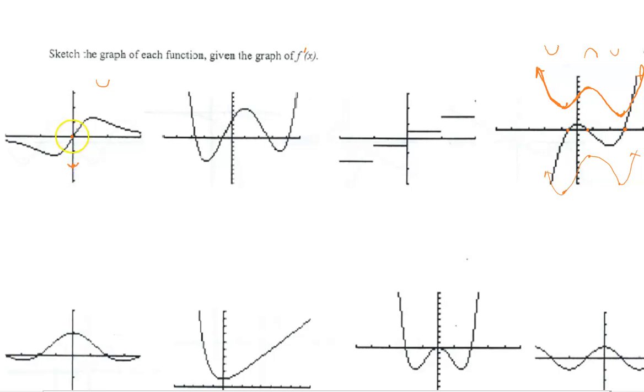Now, to the left of x equals 0, f prime is negative, meaning that the slope of f is negative. So f is a decreasing function. Okay, but it's not decreasing like a parabola. Okay, it's not decreasing like that, because while it is decreasing, as x approaches negative infinity, f prime approaches 0, which means the slope of f would approach 0 as well.